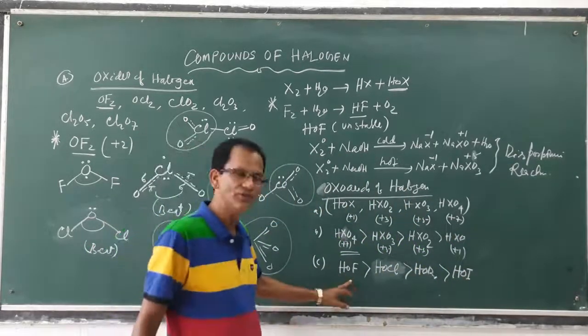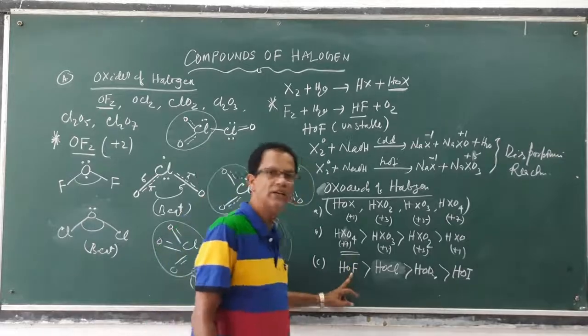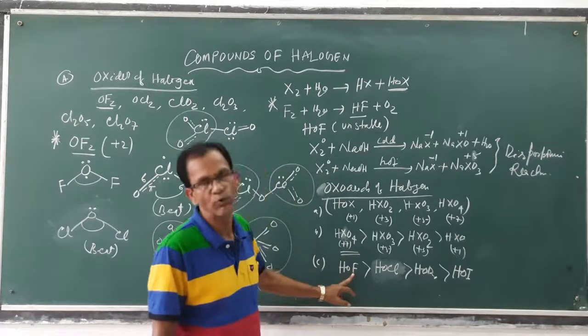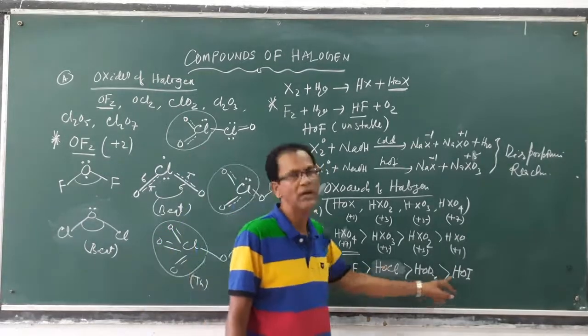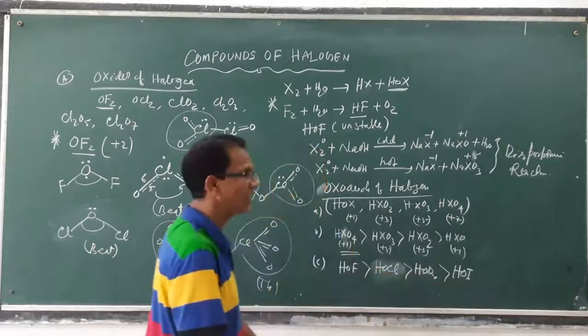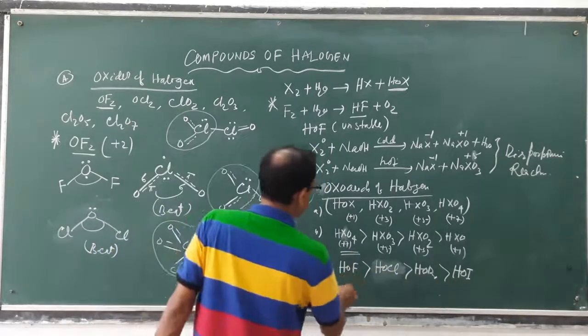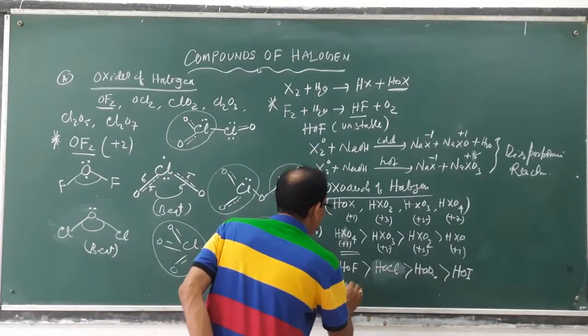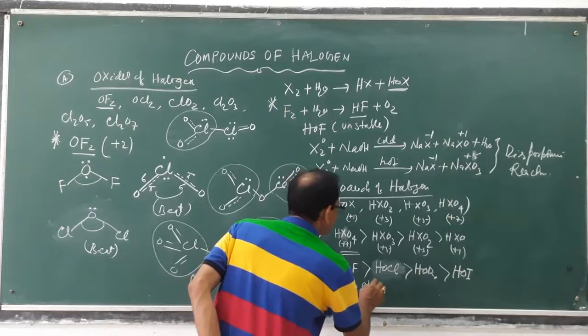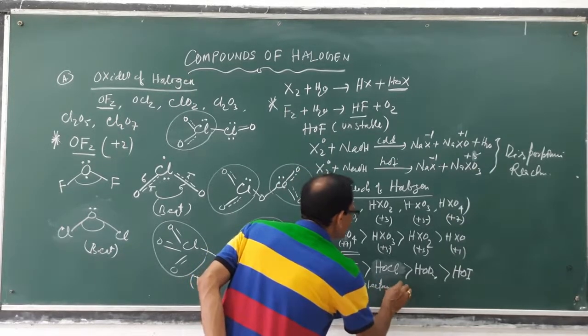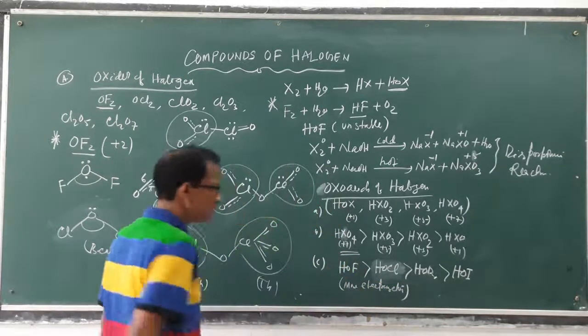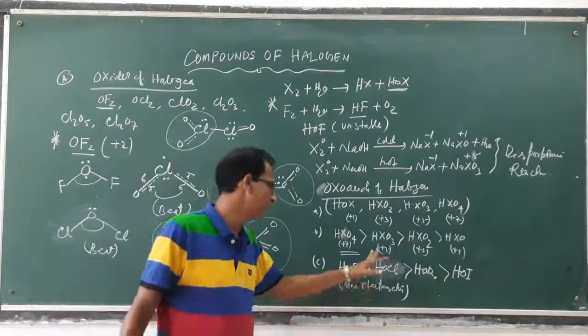HOF is more acidic than HOCl, and HOCl is more acidic than HOBr. If you change the halogen, the oxoacid of fluorine is more acidic than those of chlorine, bromine and iodine due to more electronegativity. Due to more electronegativity, HOF is more acidic.